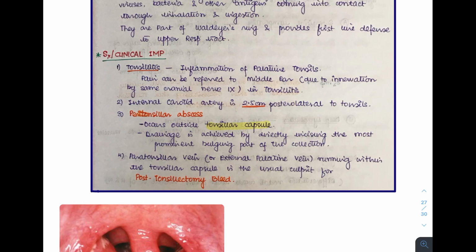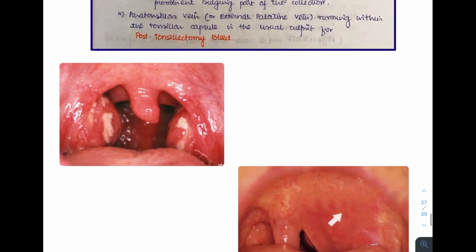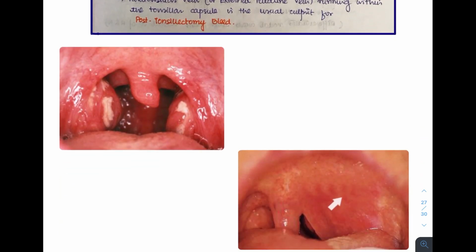And drainage in these cases is achieved by directly incising the most prominent bulging part of the collection. You can see here, this picture over here shows enlarged tonsils or tonsillitis. As you can see, there is pus draining from the crypts of the tonsil, and you can see how it has narrowed the airway over here.